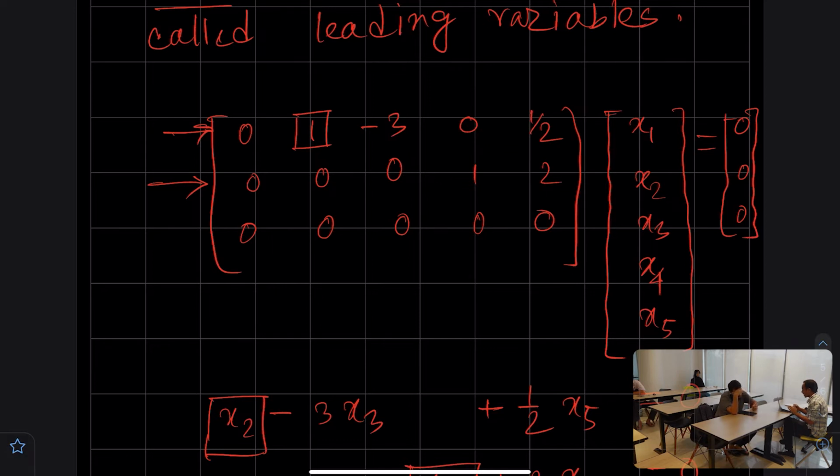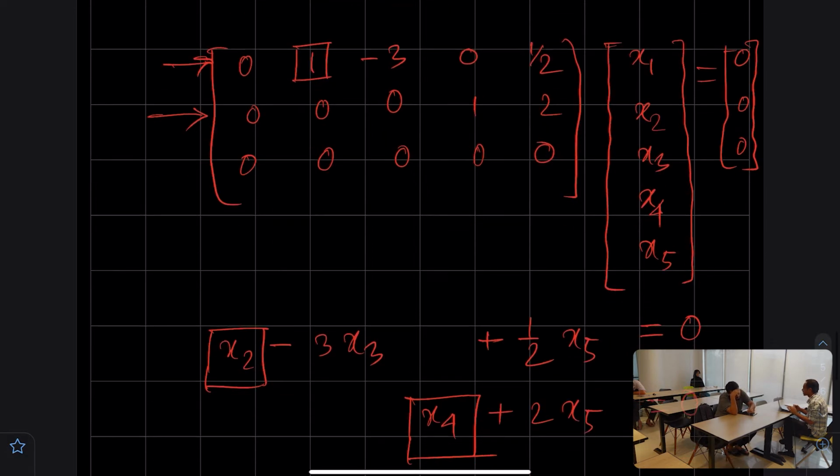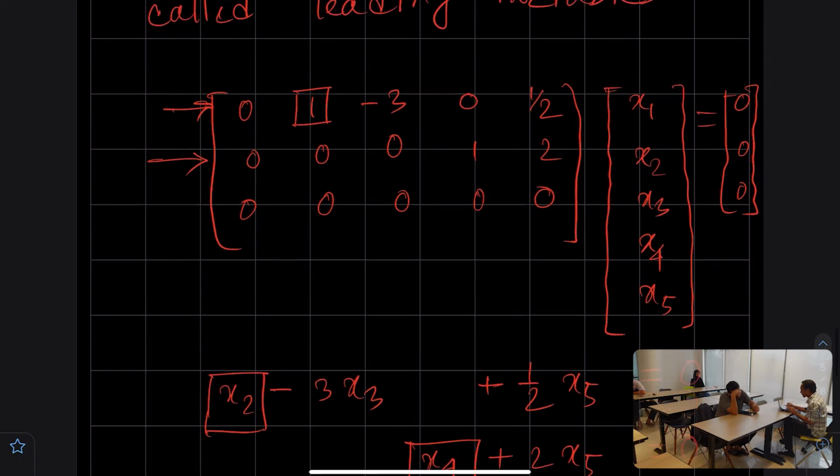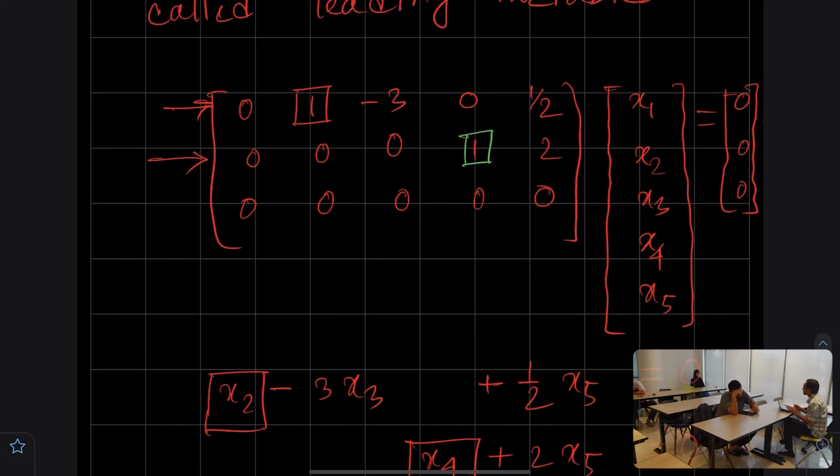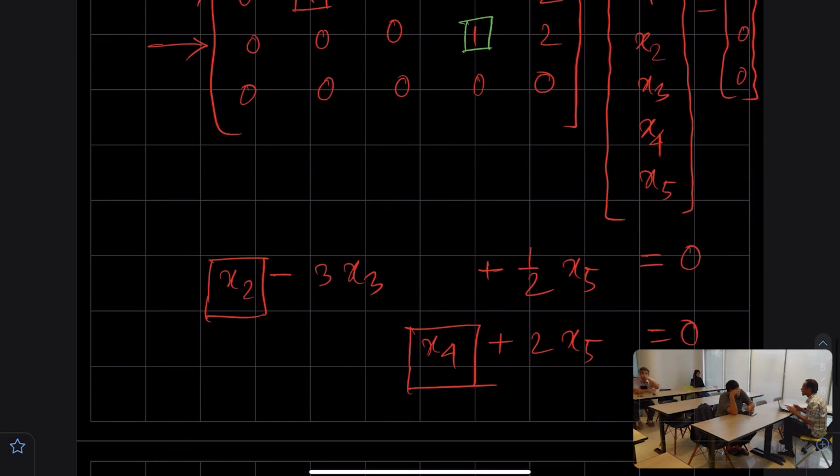That's why x2 appears in row 1, and here is a leading one. This is k2, that's why x4 appears in row 2. K1 is equal to 2 and k2 is equal to 4. Is that clear to everyone?